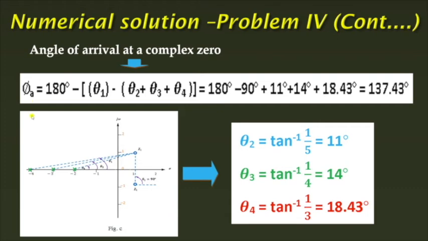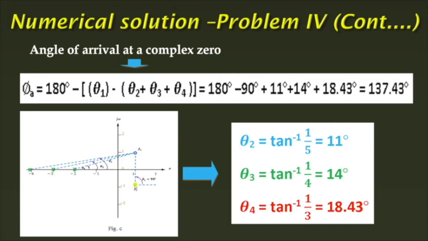The formula for the angle of arrival is equal to 180 degrees minus the sum of angles of vectors drawn to the test point from the other zero, minus the sum of angles of vectors drawn to the test point from the poles.